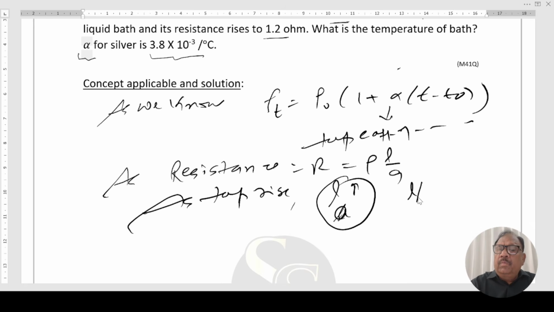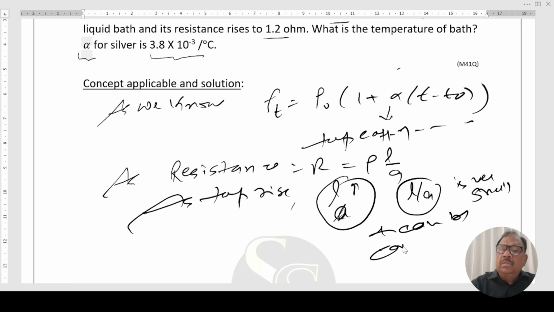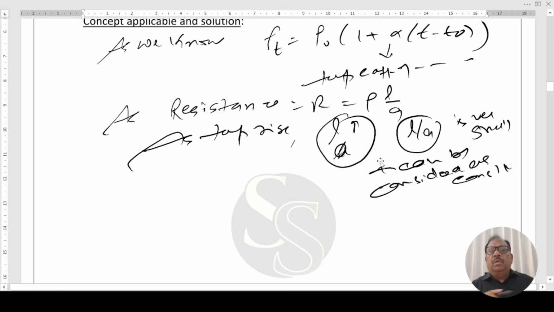But for all intents and purposes, L upon A is very small and can be considered as constant.